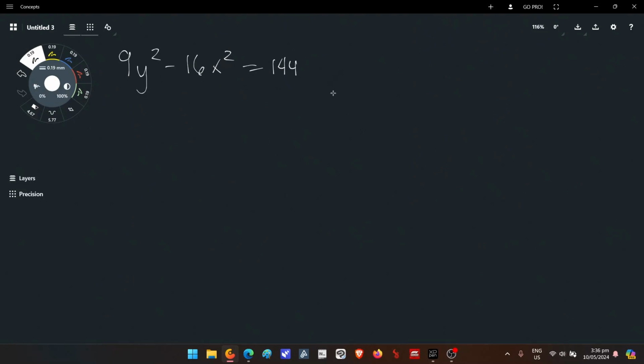So in order for us to solve this, we need to first divide both sides by 144.